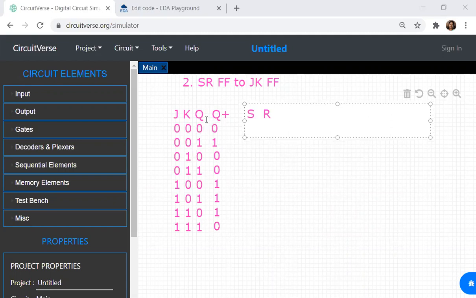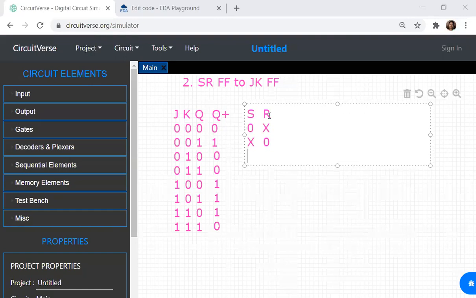When Q is 0, Q plus is 0. Previous state is 0, next state is 0. So 0, 0 will be because S is equal to 0. Since it is a reset condition, R will be an X.